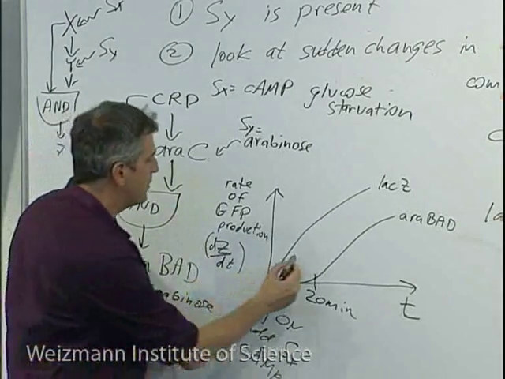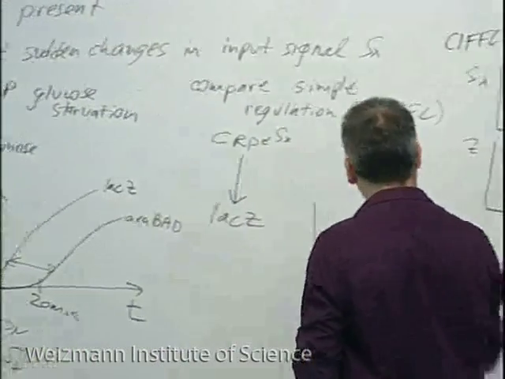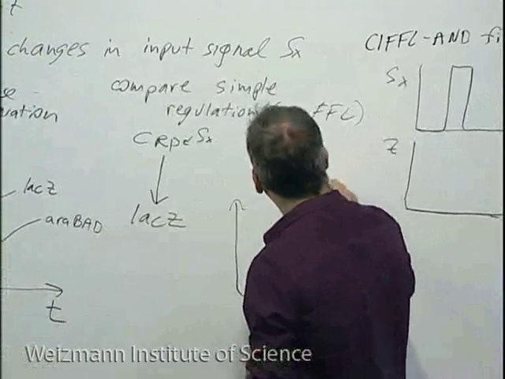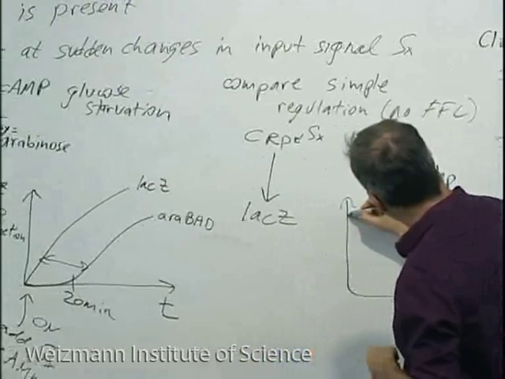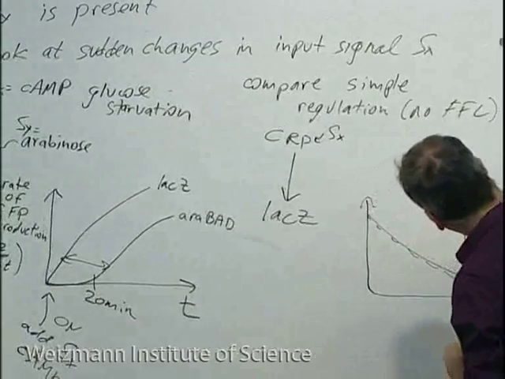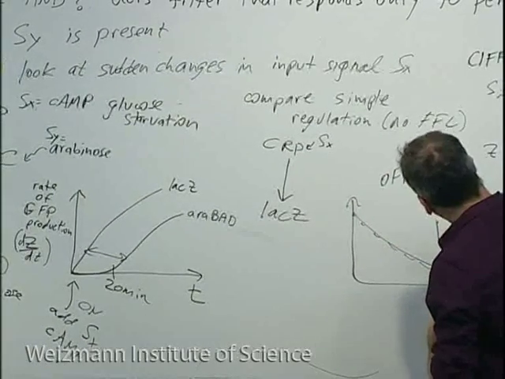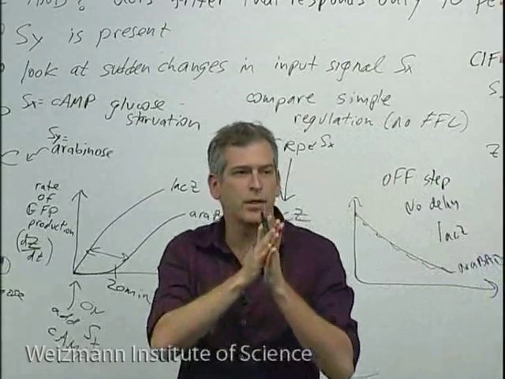So you see this delay here. It's 20 minutes. And when you take away the signal, there's no delay. The GFP just dilutes away with the cell growth.